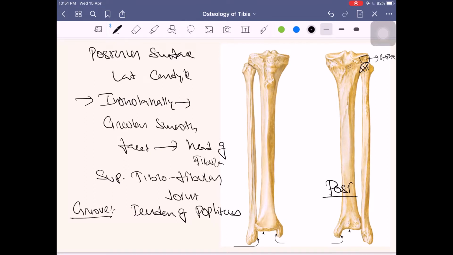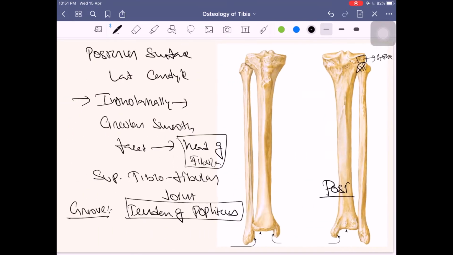The tendon of Popliteus passes through this groove on its way towards its insertion. I'll show that in the app again. So as far as the posterior surface is concerned, two things: one is the articular facet for the head of the fibula, the other is a groove for the tendon of Popliteus. So this is your posterior surface.